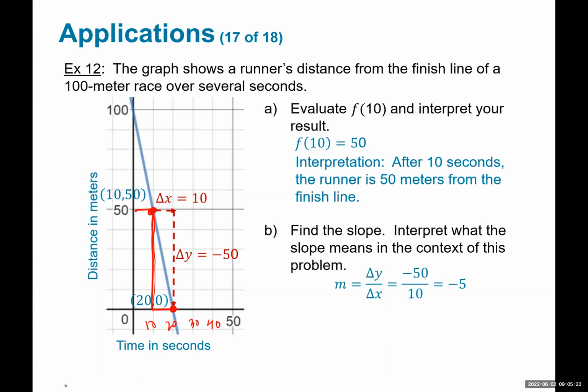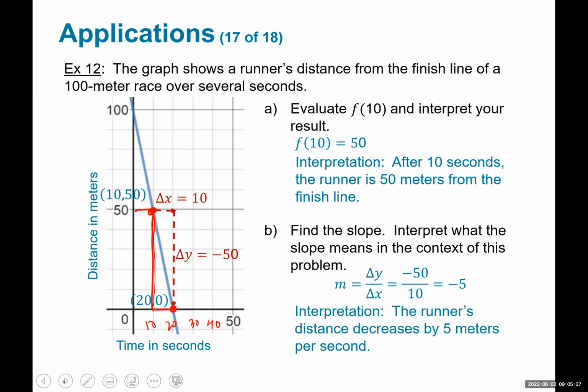Change in y is down 50, change in x is 10. So the runner's distance decreased by 5 meters per second. So this is how fast they're running towards the finish line. It took them 20 seconds to run 100 meters.